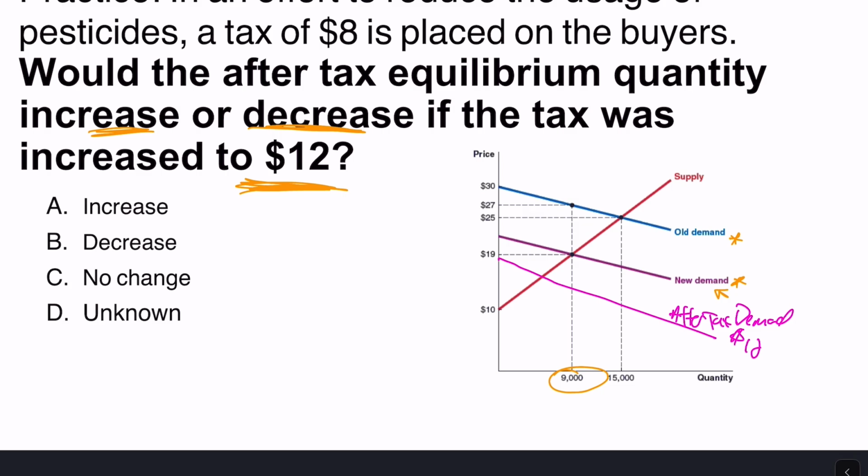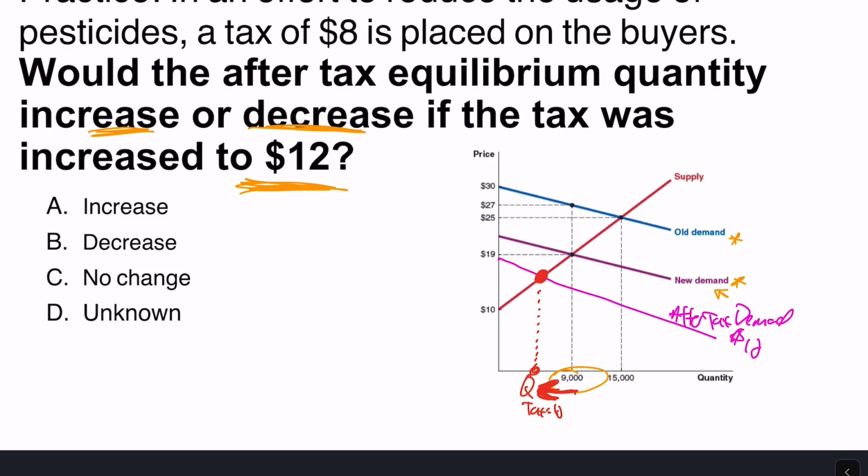Now we need to find a new equilibrium. Take your original supply curve and your new after-tax demand at $12. We're looking for the point where they cross. Bring it on down. Our quantity when tax equals 12 is going to be way over here. And so we're going to see an even bigger decrease in the quantity from a higher tax.